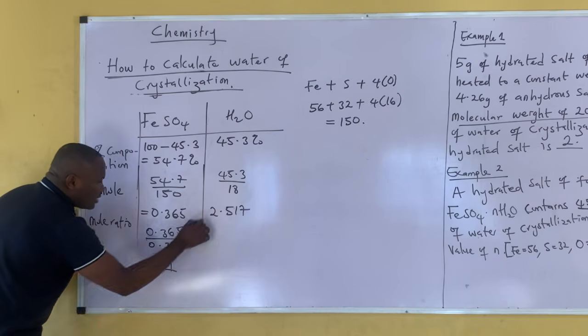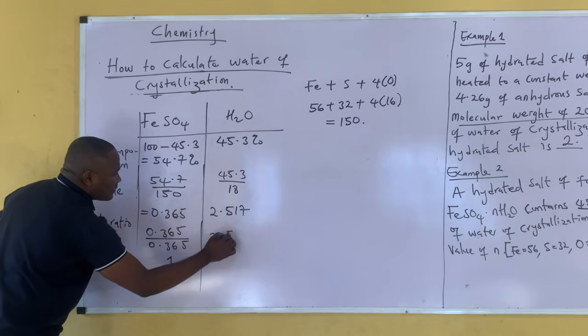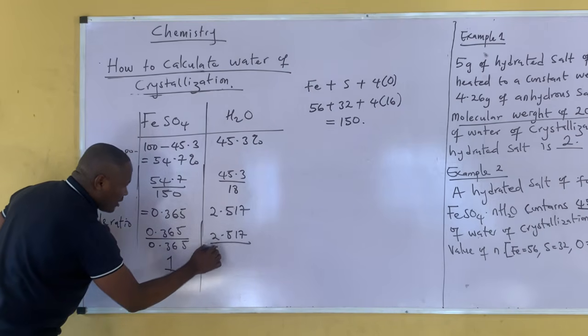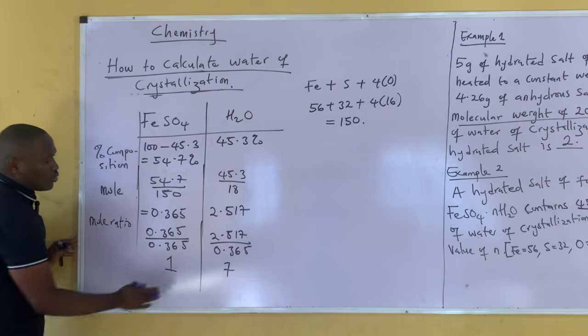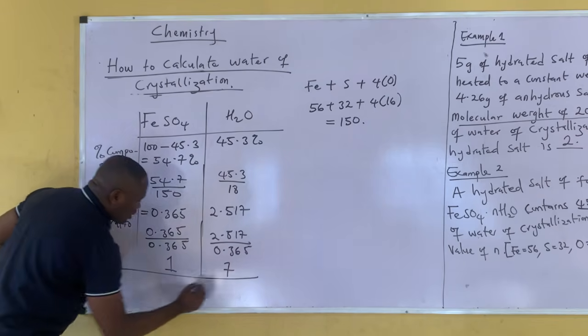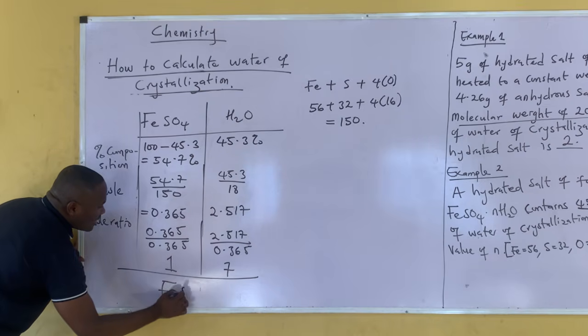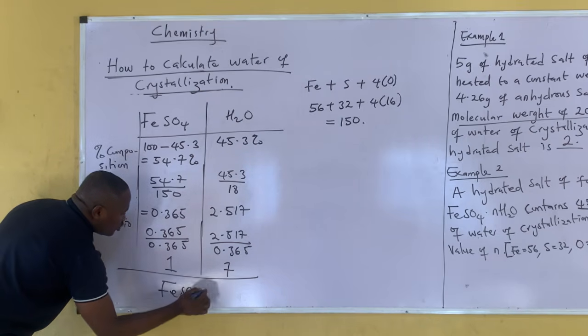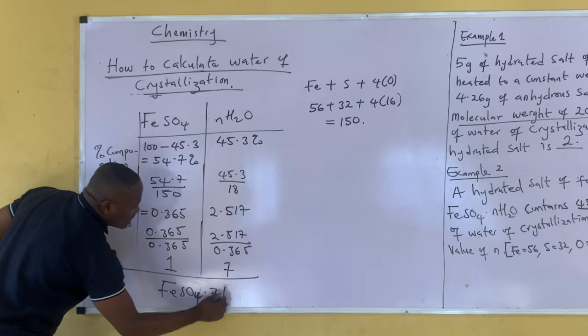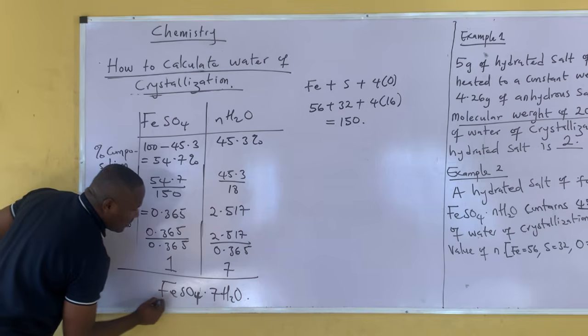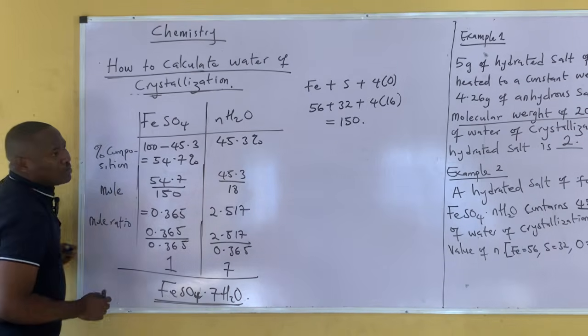That gives me 1. What about this? I have 2.517 over 0.365. This will give me 7. So what is now my compound? My compound becomes FeSO4 dot, what is now n? n becomes 7H2O. That becomes the answer to this question.